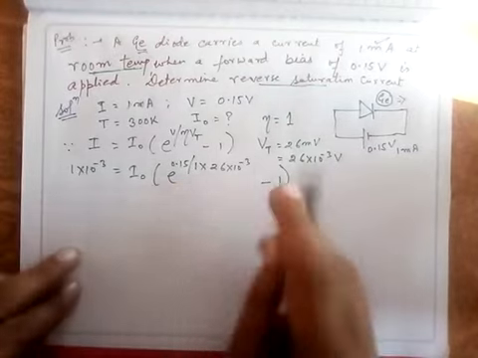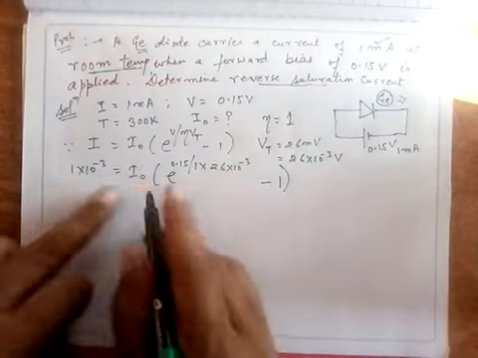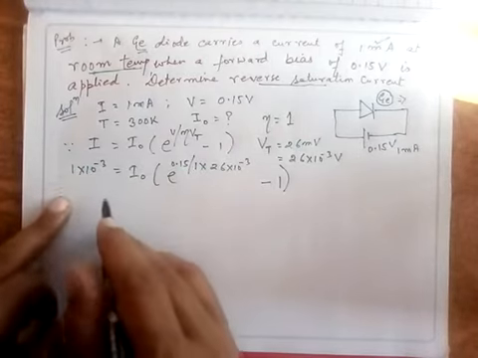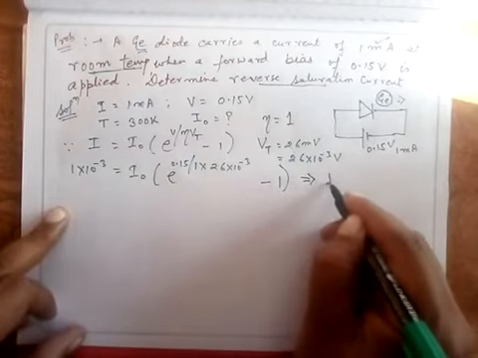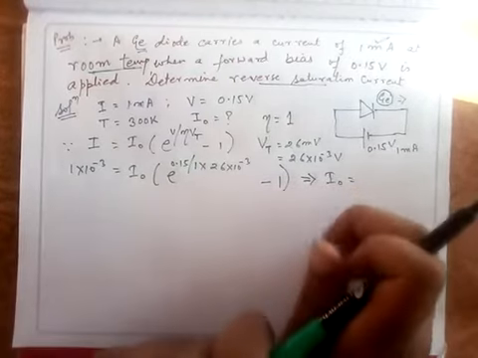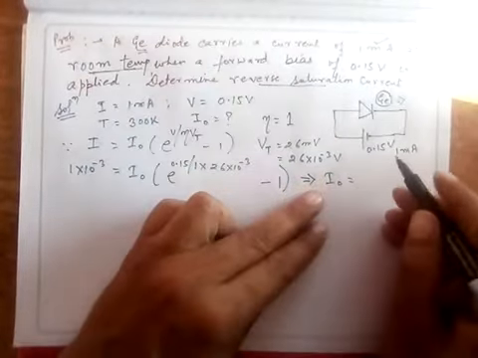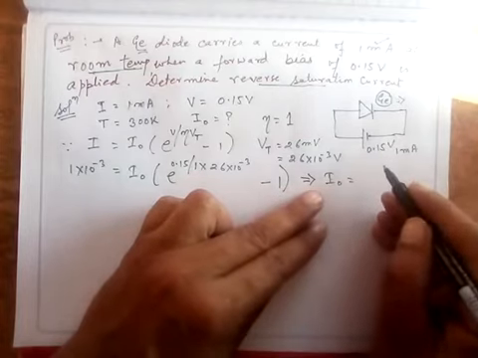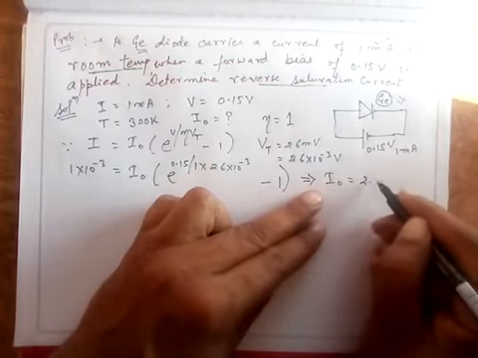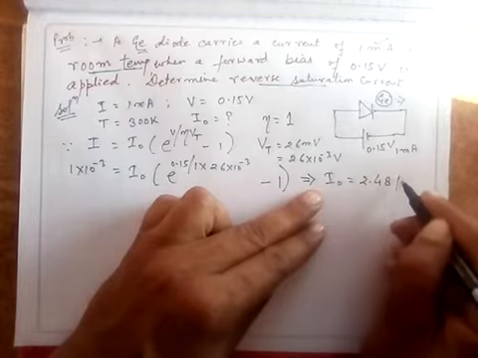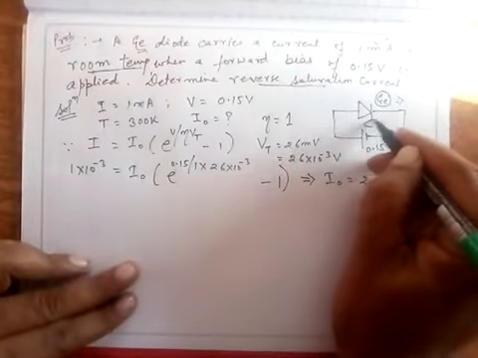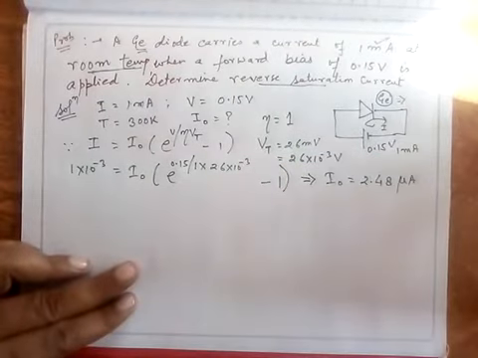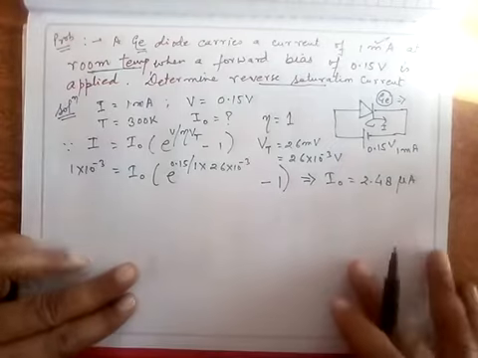And if you do the calculations from here, you will get the value of I naught, as per my calculation, approximately 2.48 microampere, that is 2.48 into 10 to the power minus 6 ampere. So this is the current flowing through this diode. I hope that this is clear to you.